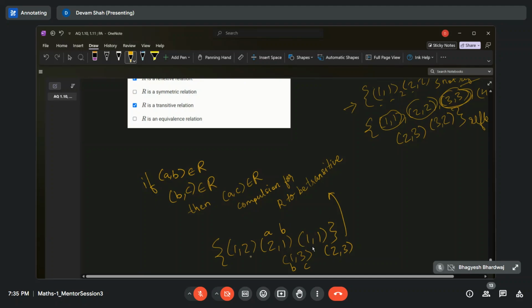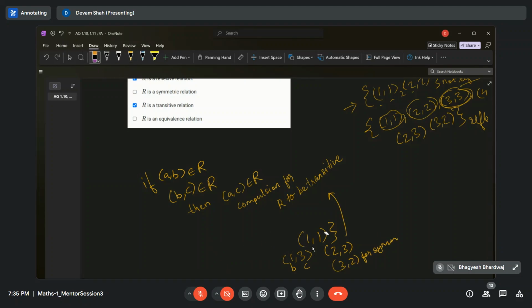You have to check whether the elements are present or not, and check individually for symmetric. Similarly for symmetric, for example, if 2, comma 3 is there, then 3, comma 2 should also be present for symmetric. And we'll get to know more about it with the question.